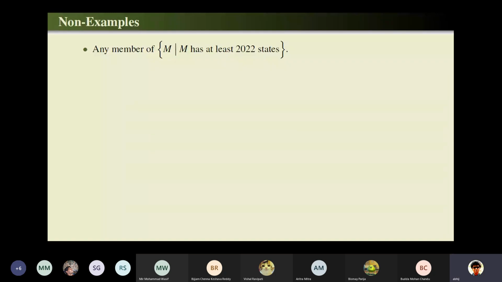This is not really a property of RE languages. Whether a Turing machine has at least 2022 states or not may have nothing to do with the language it accepts.